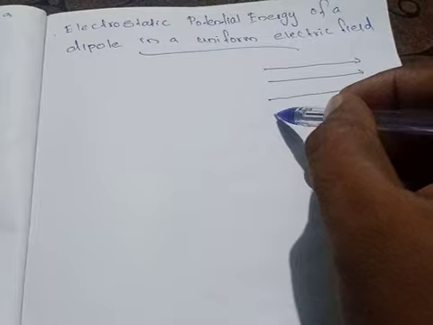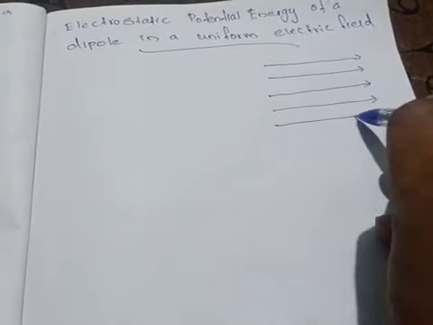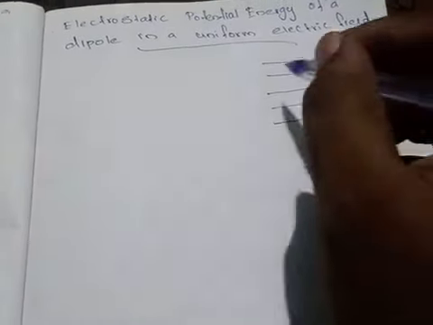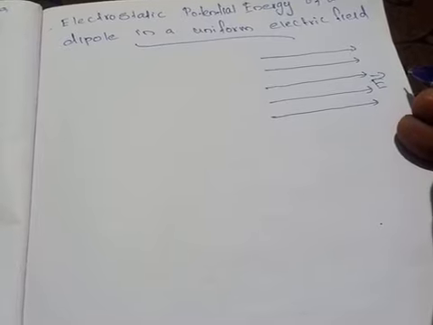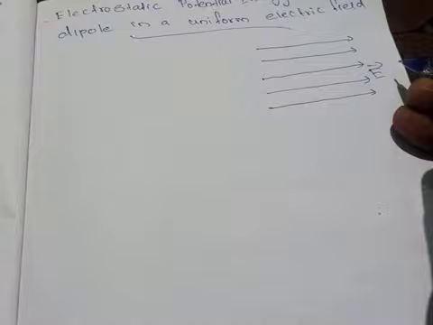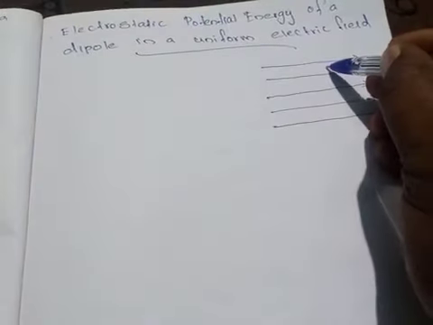A dipole is kept in a uniform electric field so that it produces what? A torque. Already you have discussed the equatorial plane, axial line and equatorial line, two derivations you have learned. After that you have learned this also.